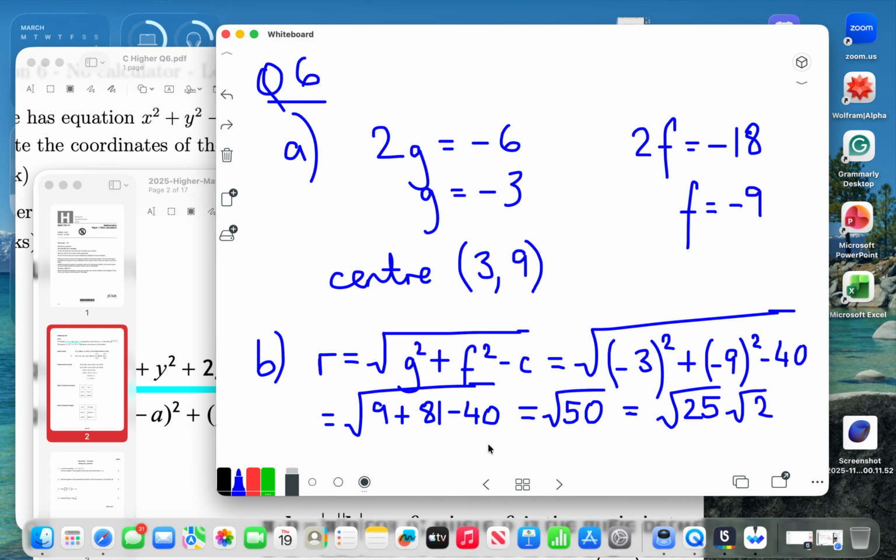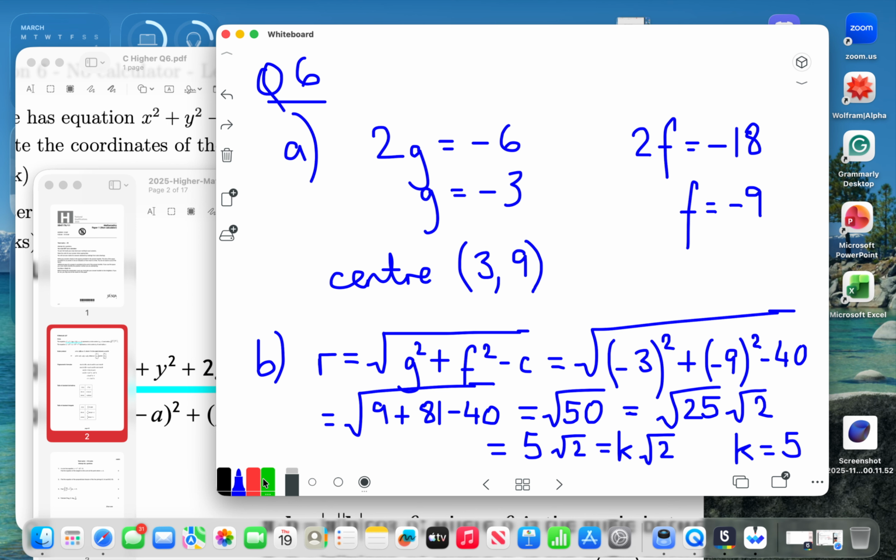I've made videos on this in the National 5 playlists, and that is 5 root 2, which is in the form k root 2. So the value of k that we need is 5.